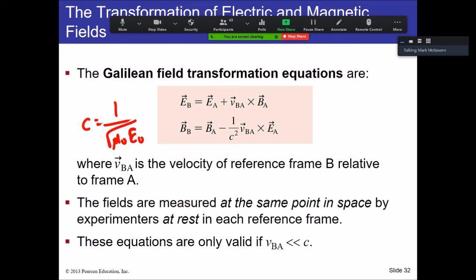That comes from combining the equations here. What this equation ends up being is BA minus VB, and then it's all divided by mu naught epsilon naught. Each one comes from either Biot-Savart or Coulomb.